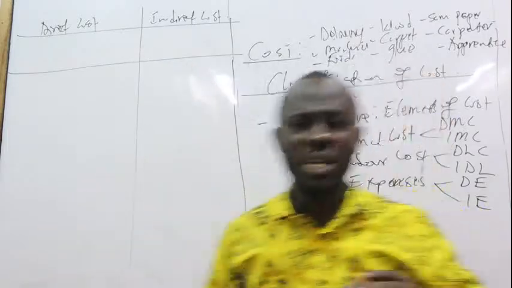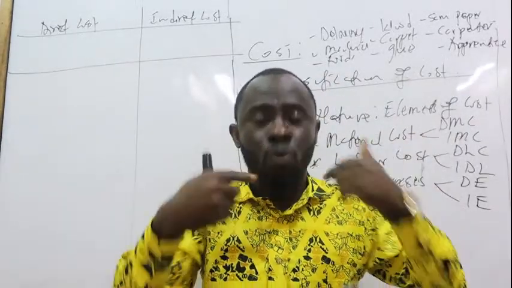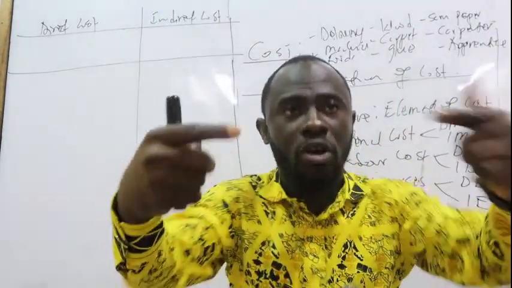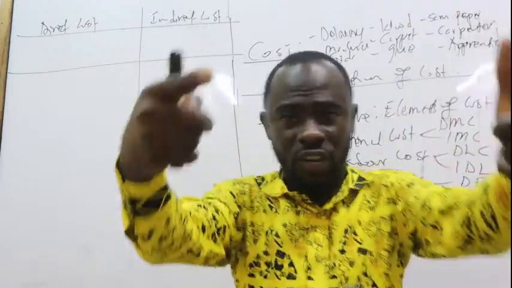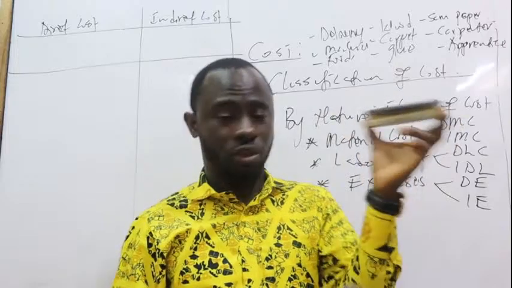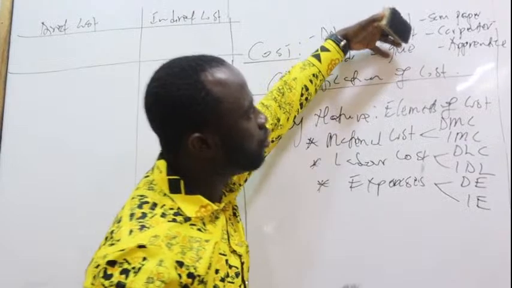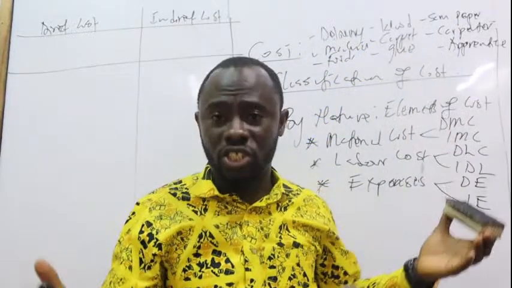Now, when we say something can be traced or allocated, it means that we can see the thing on the finished product. So for instance, for the materials we're going to be using for this duster, we mentioned wood, carpet, glue, and sandpaper.